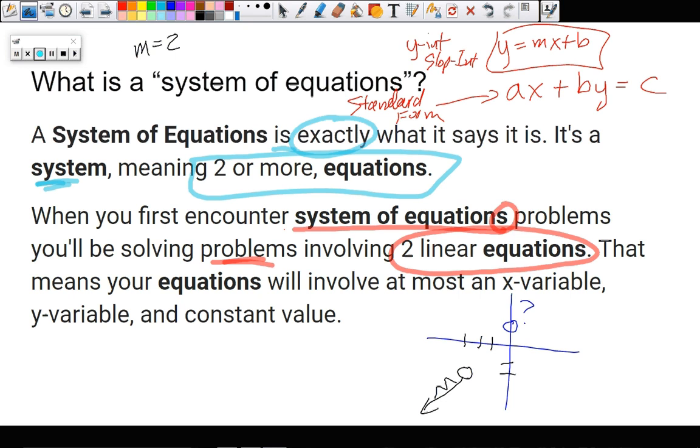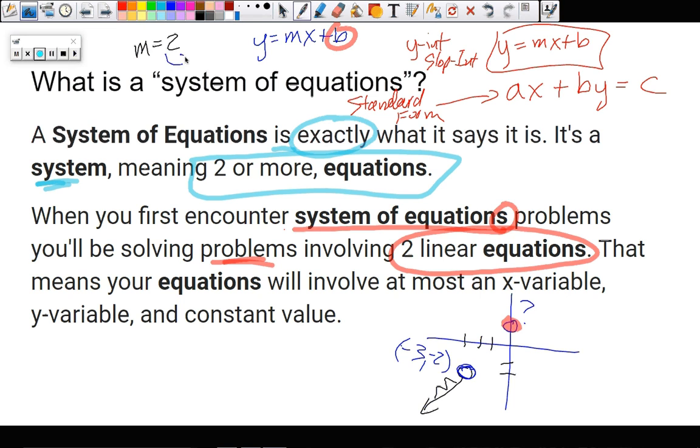You don't have time to count. And sometimes it's so small and the numbers are so big that it's hard to count and be accurate. Let's do the math behind it. If I know that this point would have existed at -3, -2, I can use this equation to help me find where it would actually cross the y-axis, aka the y-intercept.